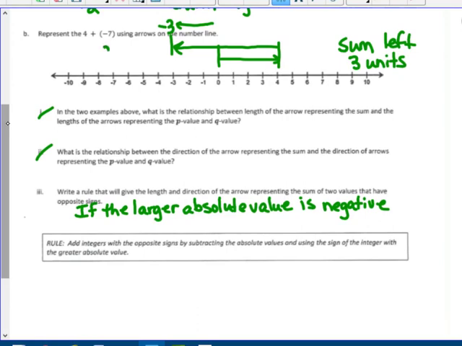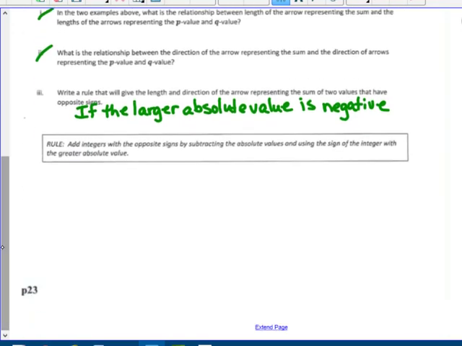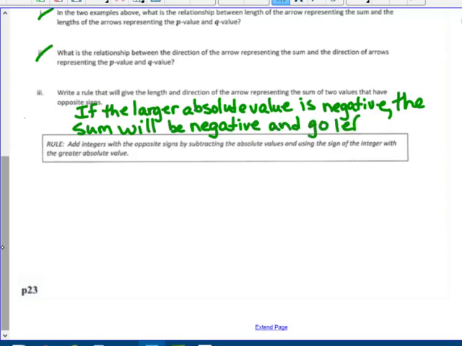It's 7. 4's absolute value is 4. If the larger absolute value is negative, the sum will be negative and go left.